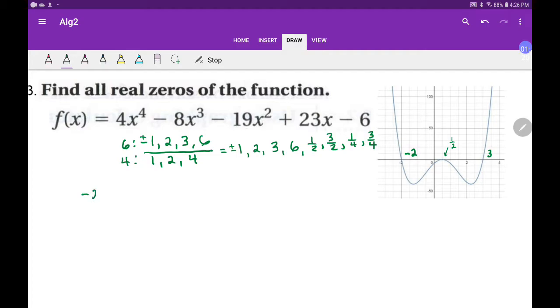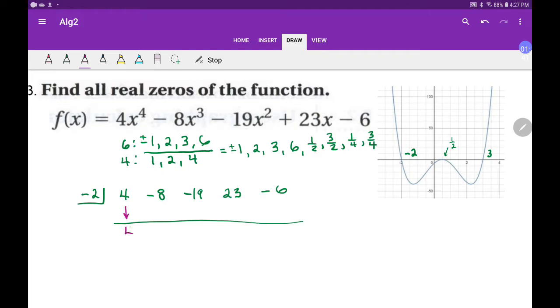Now let's try the -2. We have 4, -8, -19, 23, -6. They didn't skip any, so I didn't have to insert any zeros. I always feel a little bad because I like to advertise that it's a possibility.